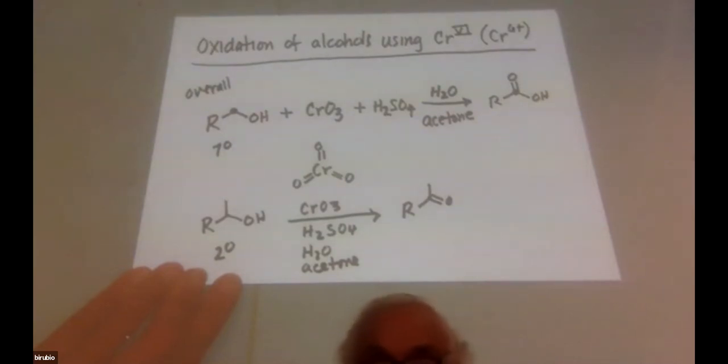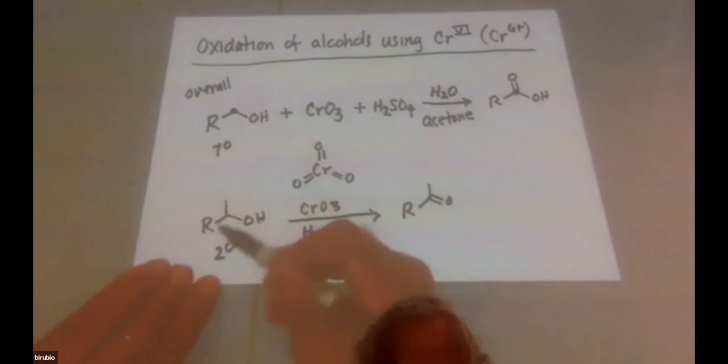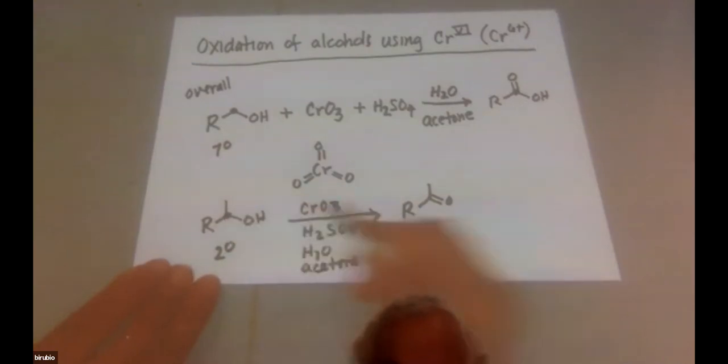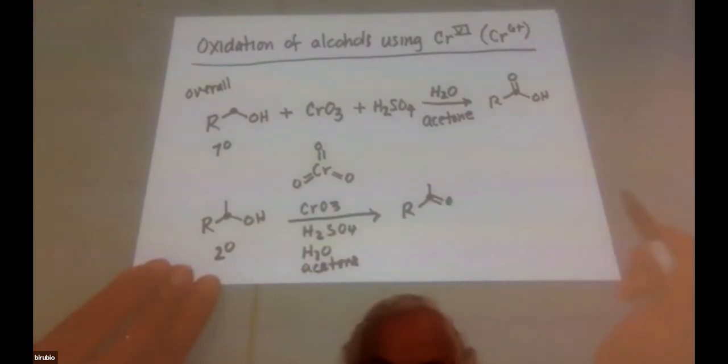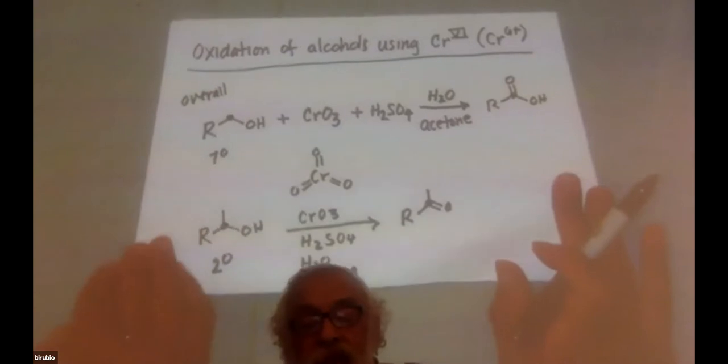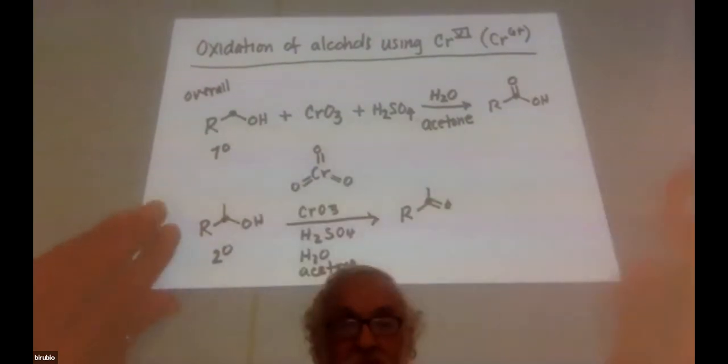Not to a carboxylic acid, but rather to a ketone. So it's an oxidation. Yep, this carbon with the dot starts life with 1 bond to oxygen. Now it has 2 bonds to oxygen. This carbon with the dot started out with 1 bond to hydrogen. Now it has 0 bonds to hydrogen. So that's all an oxidation. Notice that the carbon with the dot is gaining bonds to oxygen. That's how we recognize oxidation.